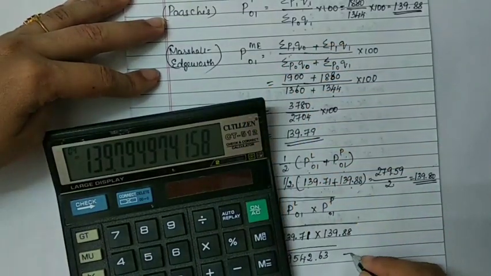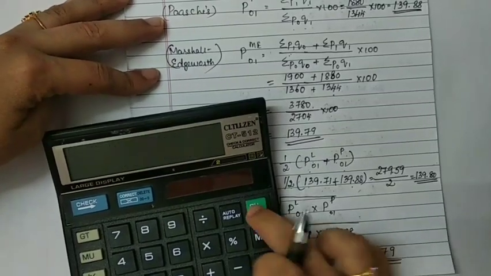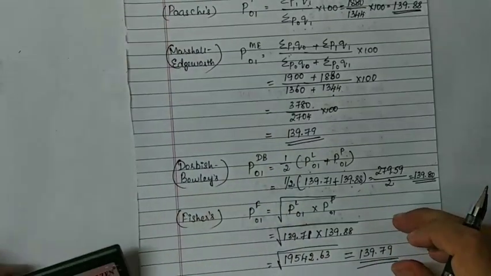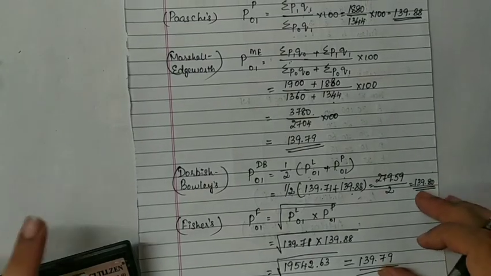That is 139.79. We are done with the calculation of all the weighted aggregative index numbers.